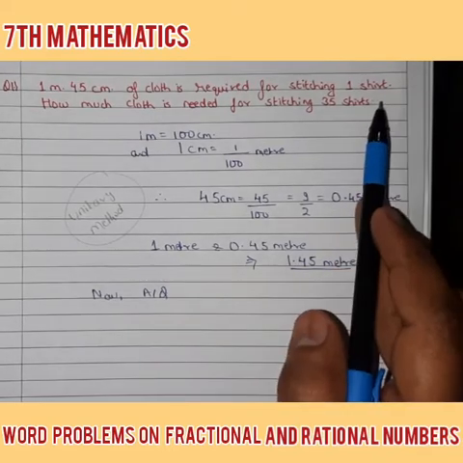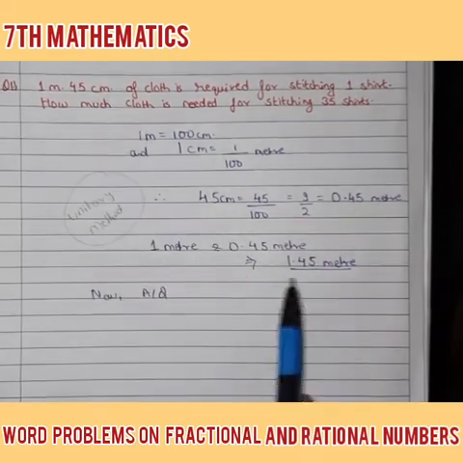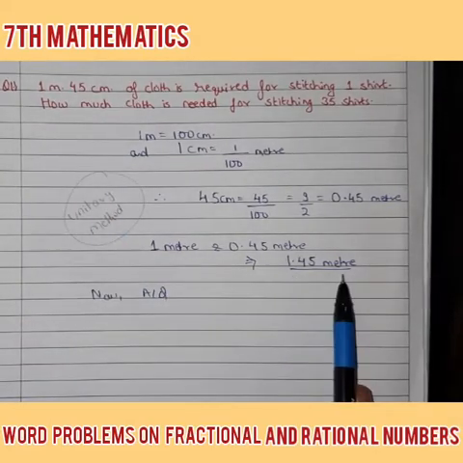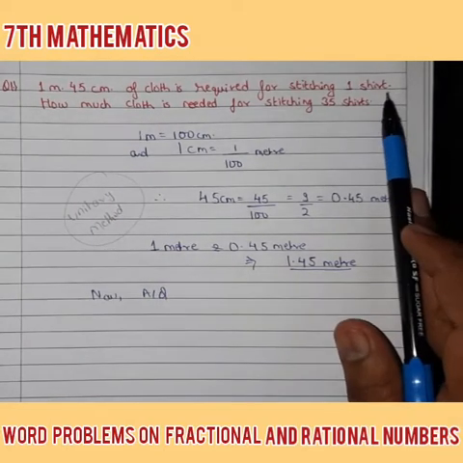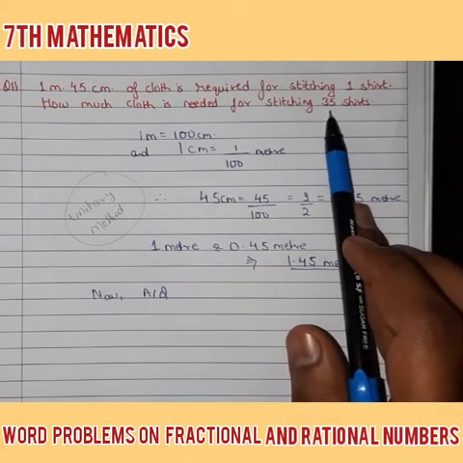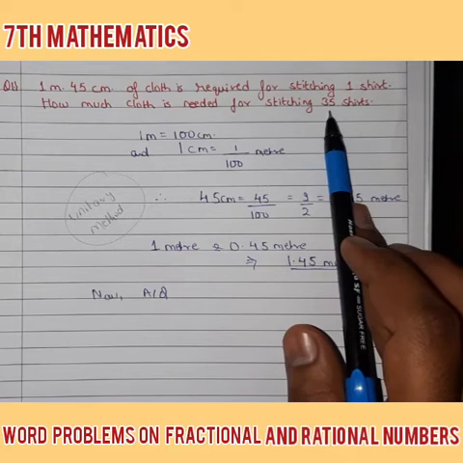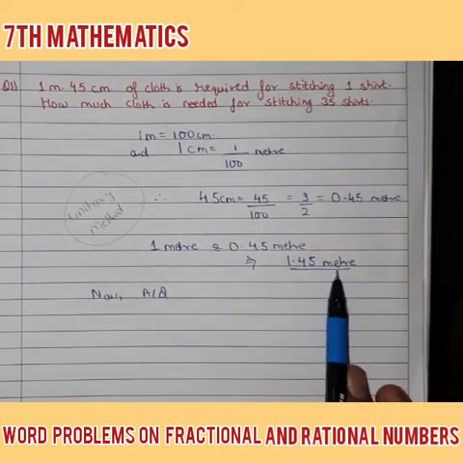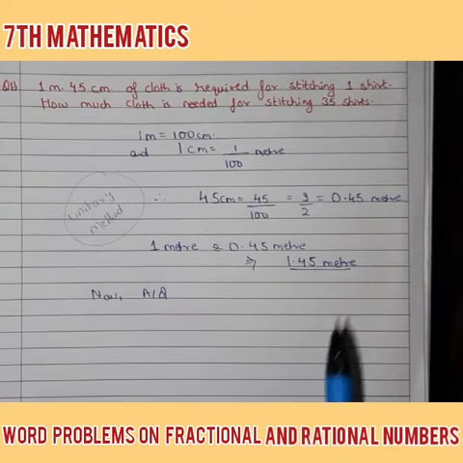As it is given, for one shirt we need this much cloth, 1 meter 45 centimeter, which is now converted to 1.45 meter. So we'll say that since for one shirt we need 1.45 meter of cloth, therefore for 35 shirts how much cloth will be needed? Simply multiply the number of shirts by the given value of a single shirt.